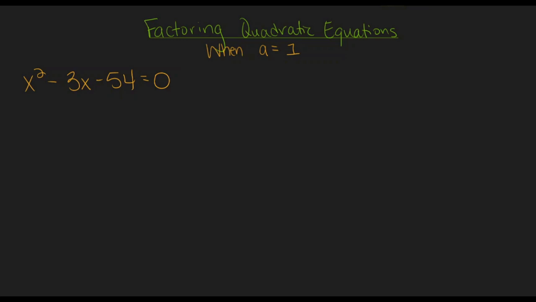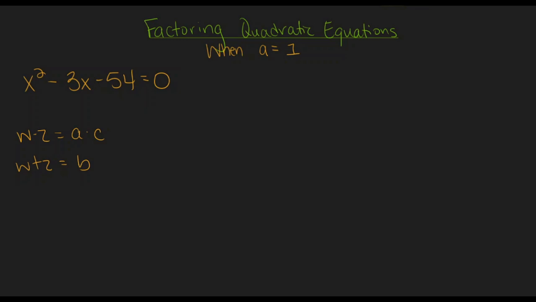All right, now we have to consider our magic numbers, which should multiply to the same thing as A times C and add to the same thing as B. Now in this case, since we have subtraction in front of some of the terms of our equation, we have to treat that subtraction as a negative sign that travels with that value.